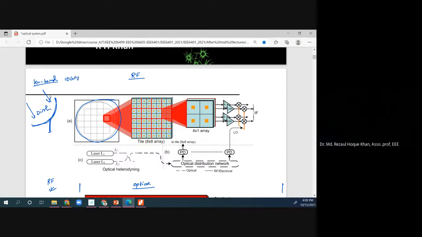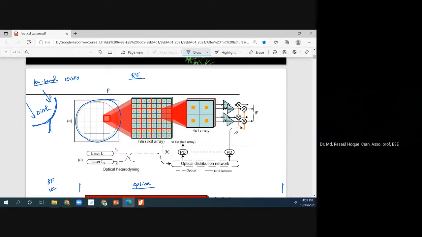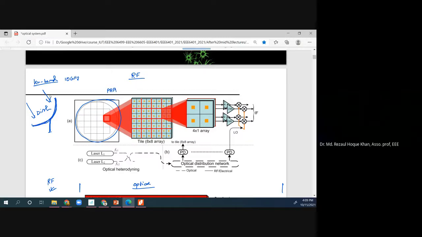In dish antenna, this is not exactly the dish antenna. We call it a phased array antenna, but still it's an RF signal. Instead of a dish, it's actually flat. There are lots of small antennas here. You know the patch antenna, right?